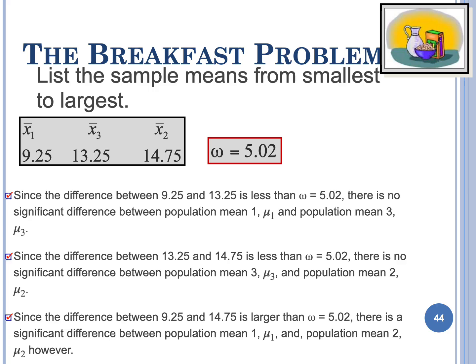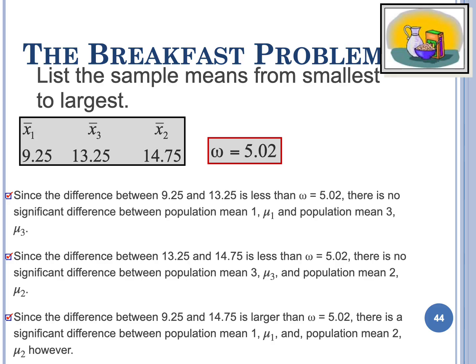The first difference is between 9.25 and 13.25. The difference is 4, which is less than omega. Therefore, we say that there's no significant difference between population mean 1 and population mean 3.